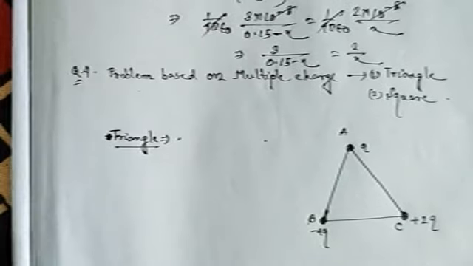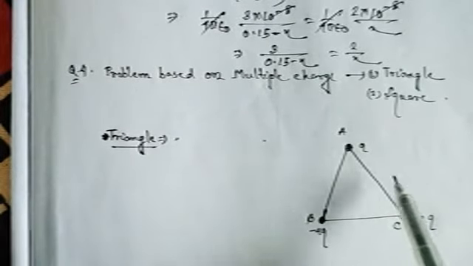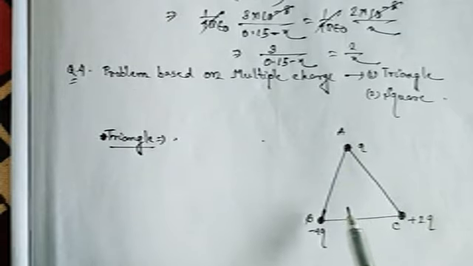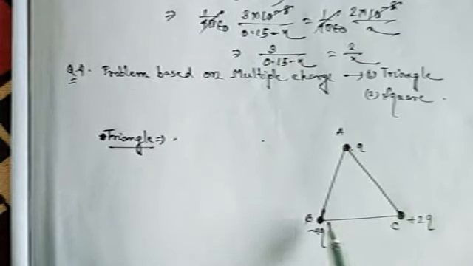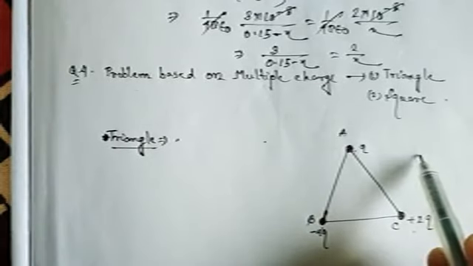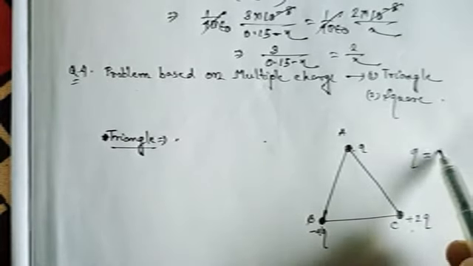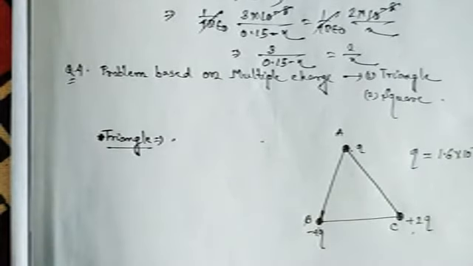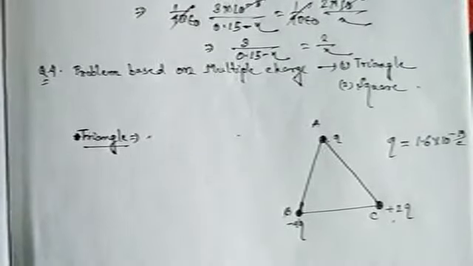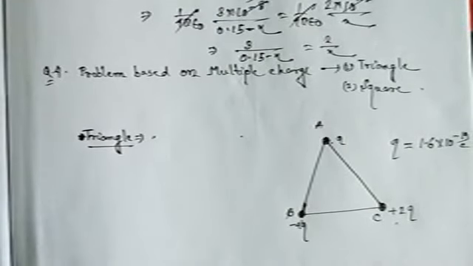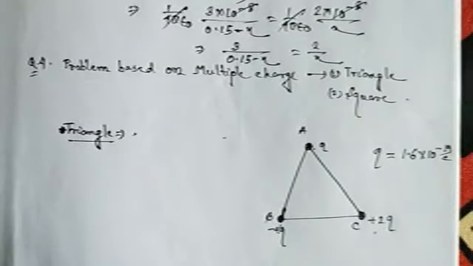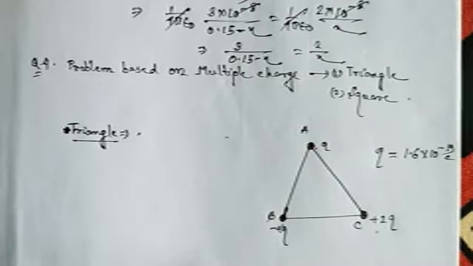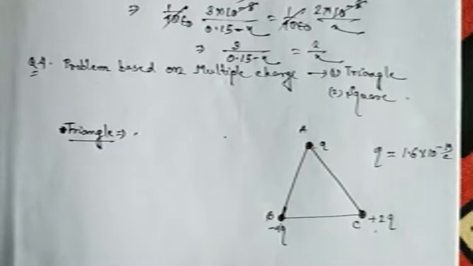The first one is, suppose a triangle is given, within which the combination shown in the figure is q, minus 4q and plus 2q, in which the value of q is 1.6 into 10 to the power minus 19 coulomb, the charge of an electron. Now the first question can be: how much work is required to dissociate this system, or how much energy is required to break this system?